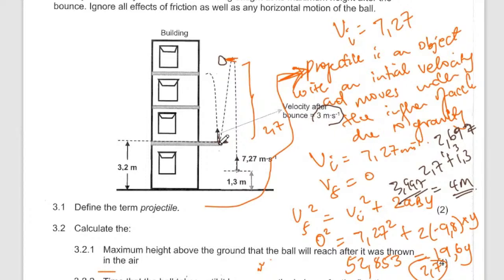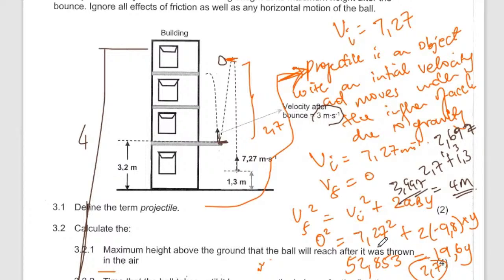But I can get the distance. Since I know from there, this maximum height down to below is 4 meters, I can subtract this 3.2. So the distance I have is the displacement.